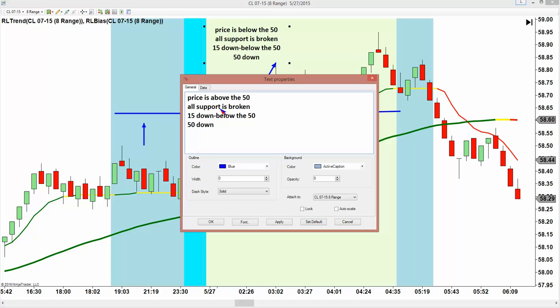This should say all resistance is broken, 15 up, and price above the 50 and the 50 up. That's all. I just cut and pasted it and I didn't switch it.